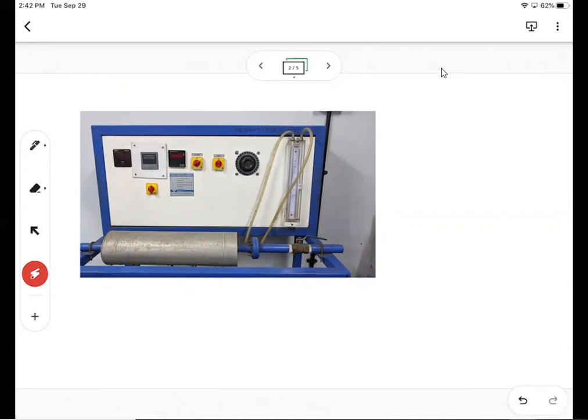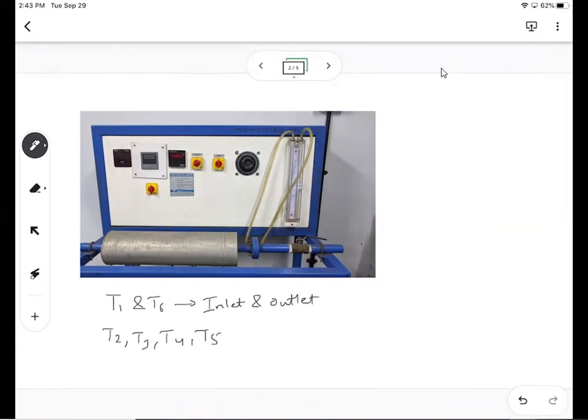We will call these the inlet and outlet thermocouples, and denote them as T1 and T6. The remaining ones we will call T2, T3, T4, and T5. These are on the surface of the test section.